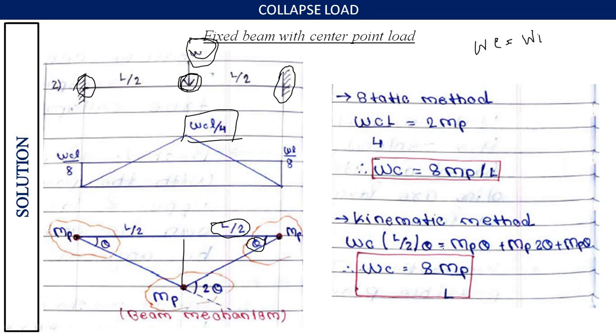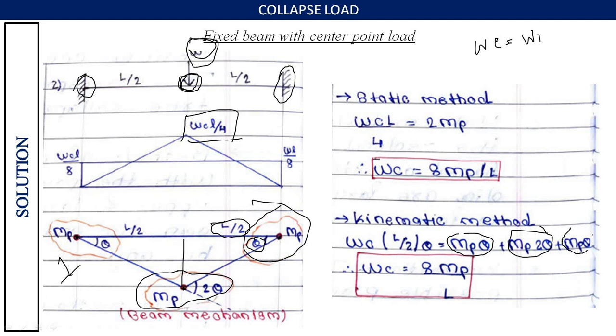And what will be the internal work? It is related to hinges and moments. There are three hinges. First it will be here, MP theta, so I have written here MP theta. Second, MP 2 theta, so MP 2 theta plus MP theta, here MP theta.